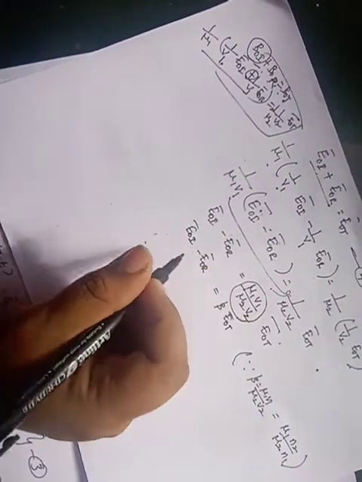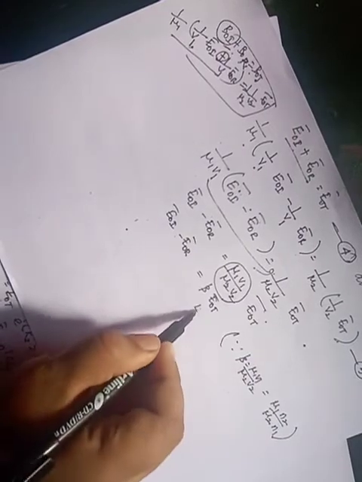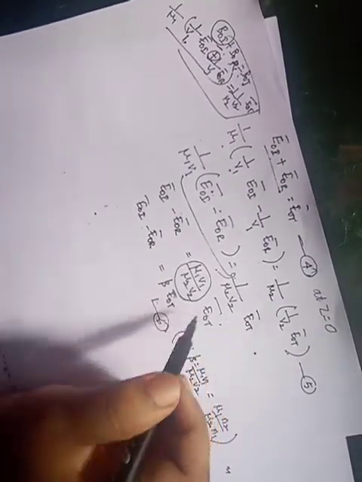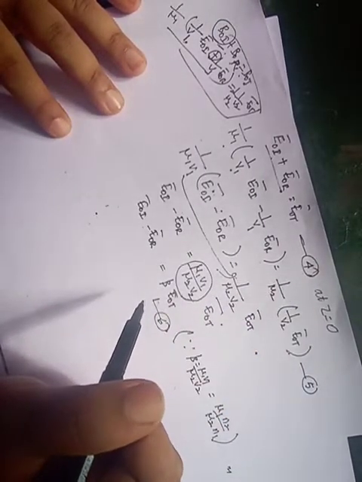So we have written two boundary conditions, equation number 4, equation number 5, and this one is equation number 6. Now we are going to solve equations 4 and 6.